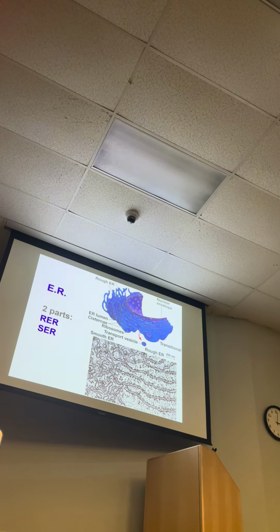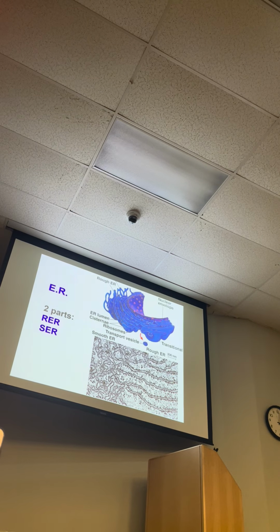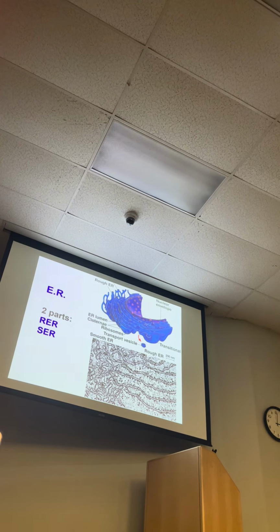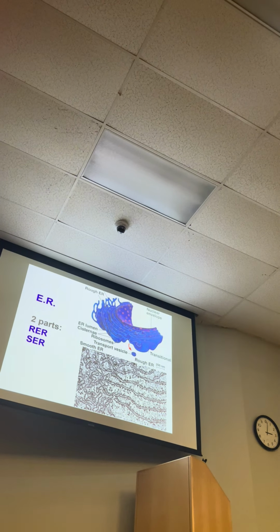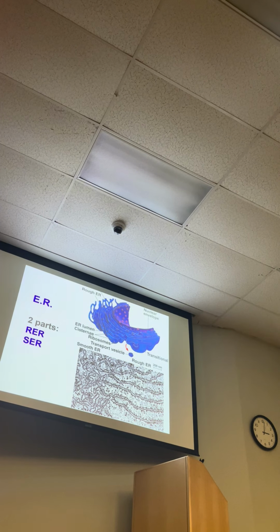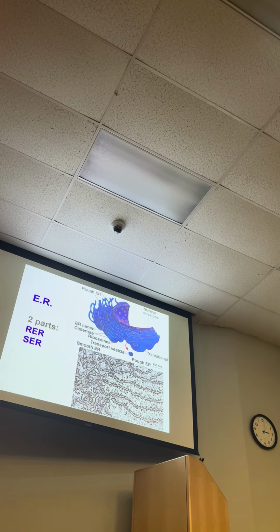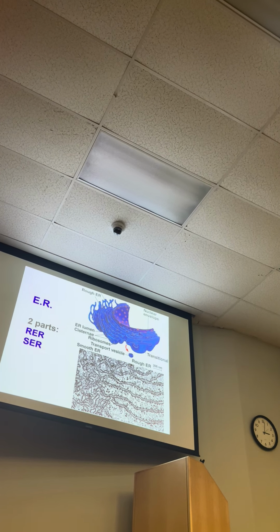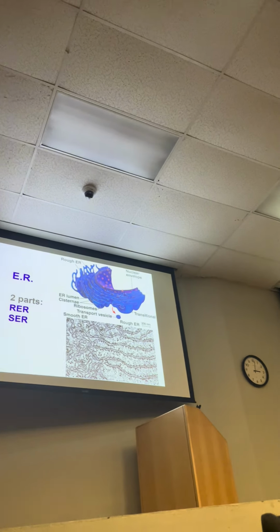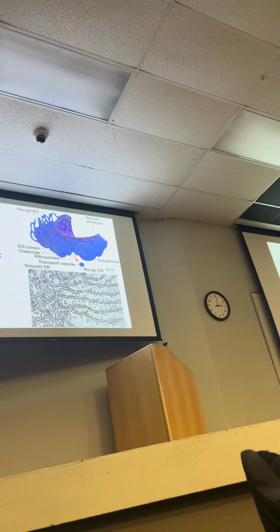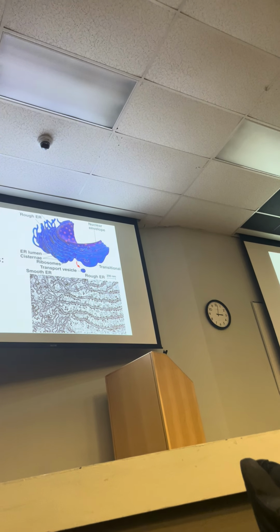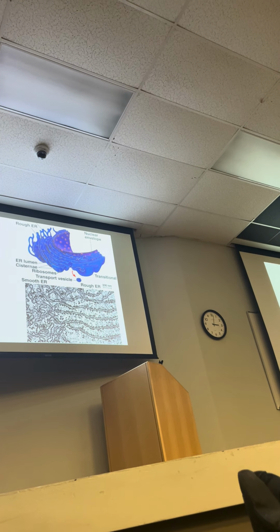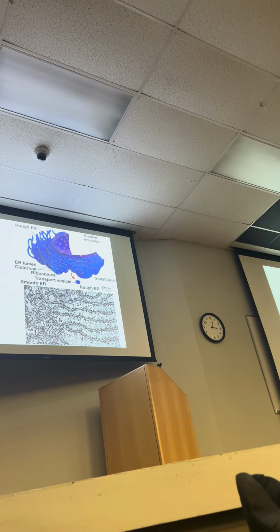Which one is connected to the nuclear envelope? Rough ER. So technically the nuclear envelope is also part of the endomembrane system because it's a physical connection. So you can be indirectly connected in the manner we described, but you can also be physically connected. And so the rough ER and smooth ER are physically connected to one another. The rough ER is connected to the nuclear envelope.